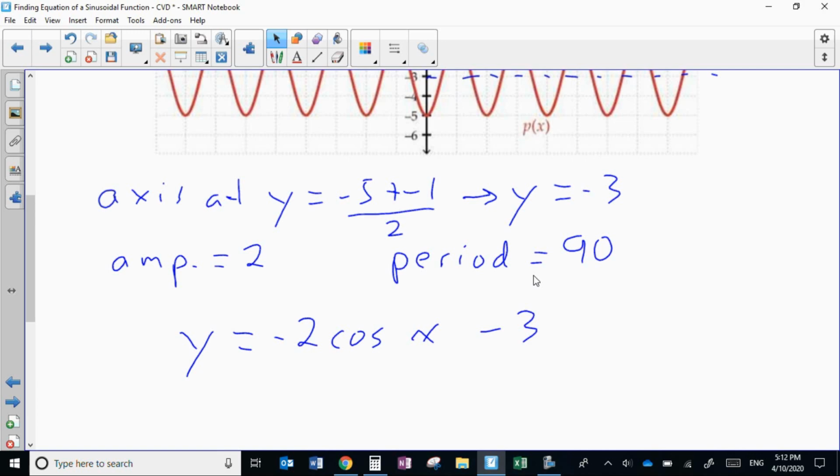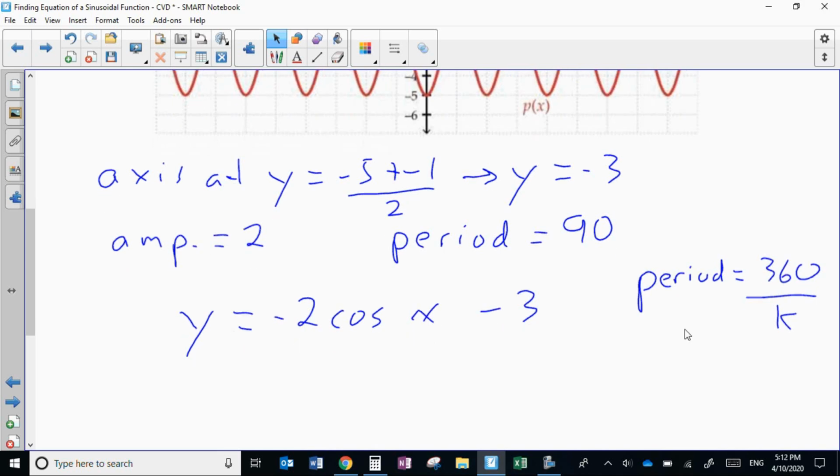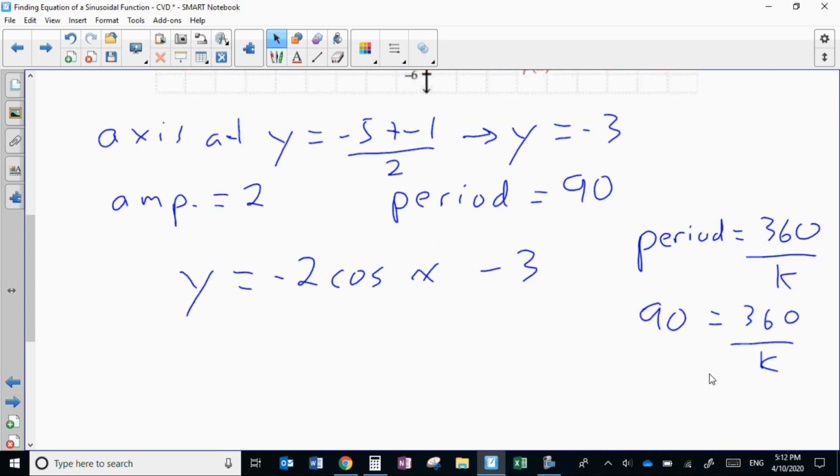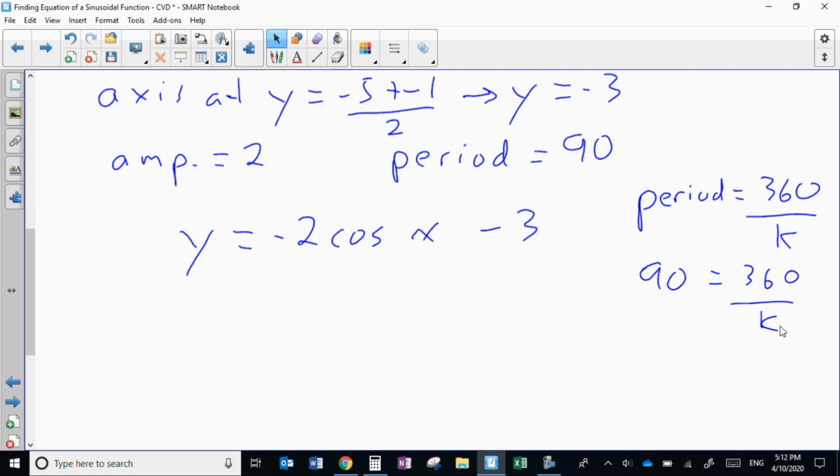And that's true. But there's also this little formula we can use, and that's that the period of the graph is always equal to 360 divided by your k value. In this case, our period is 90, so 90 equals 360 divided by k. Now that's a pretty easy equation to see that k equals 4, but for a harder example, you can multiply by k and then divide both sides by 90, and there's your 4 right there.